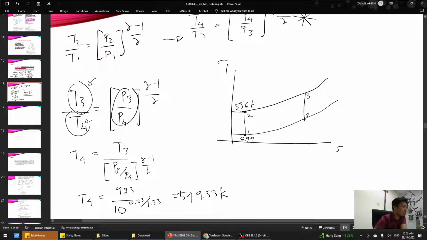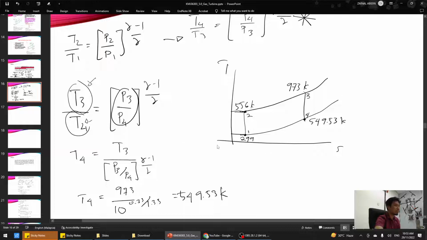So your T4 here is 549.53 Kelvin, and here T3 is 973 Kelvin. So you complete your TS diagram.